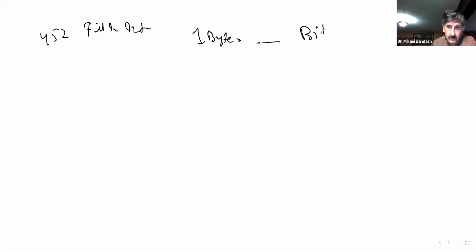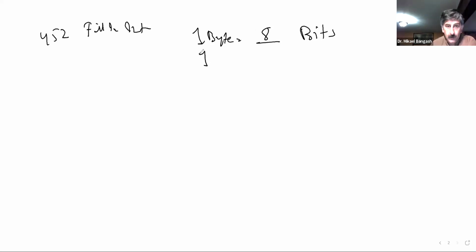Okay guys, question 2.457, sorry, 52. A byte is composed of dash bits. A word is composed of dash bytes. Now just fill in the blanks. So 1 byte is equal to dash bits, right? That was 8. Clear?